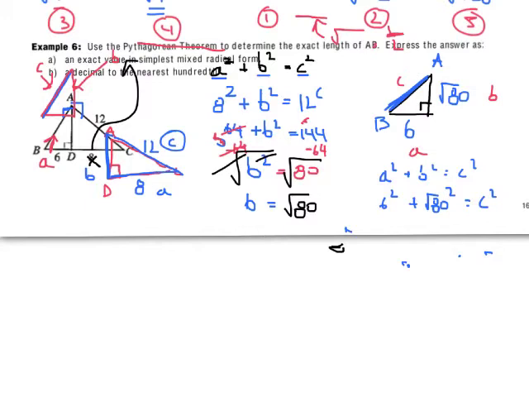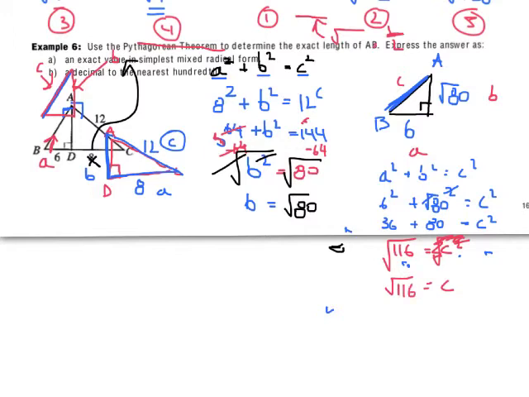Okay, 6 squared is 36 plus the square root of 80 squared, well, that's just 80, because the square root and the squared cancel out, equals C squared. I'll keep going down here, and I'll use a different color because things are getting a little messy. 36 plus 80 is 116, equals C squared. And finally, I have to take the root of both sides to get rid of that squared. That'll leave me with C, and C equals the square root of 116.